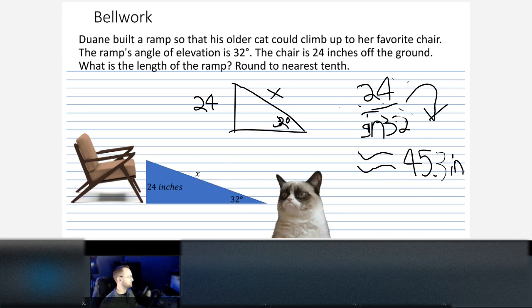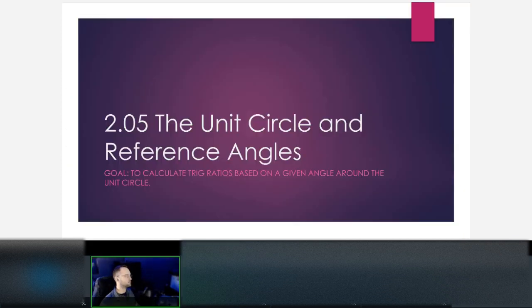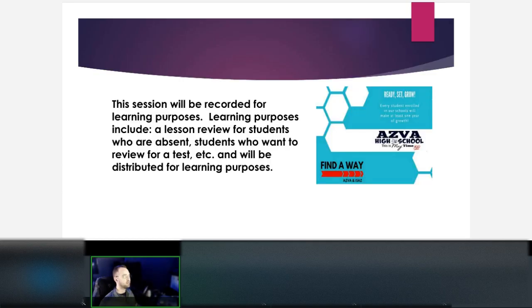Yeah. All right. So today is day 1 of 2.05, the unit circle and reference angles. All right, so we're going to calculate the ratios based on a given angle around the unit circle. So it looks like this is relatively a long lesson. I have a total of 20 slides. We are now on slide number 3.